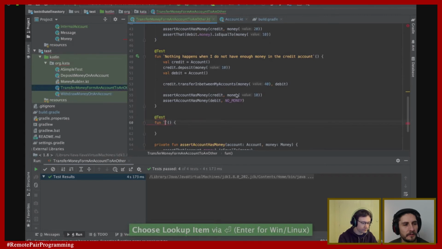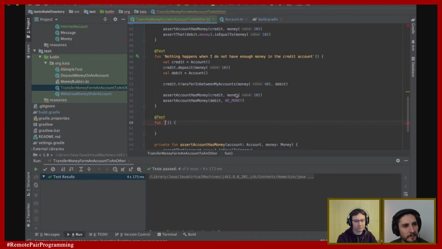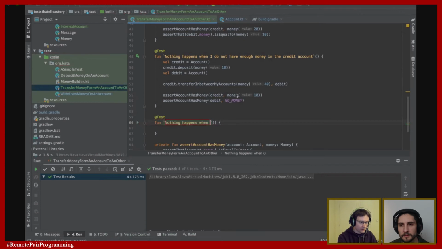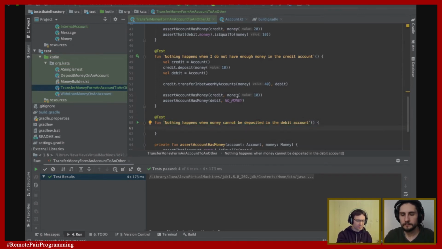Then we need to go back with the withdrawal and put money back and check that no money was moved in any of the 2 accounts. When money cannot be deposited. Is this story okay?